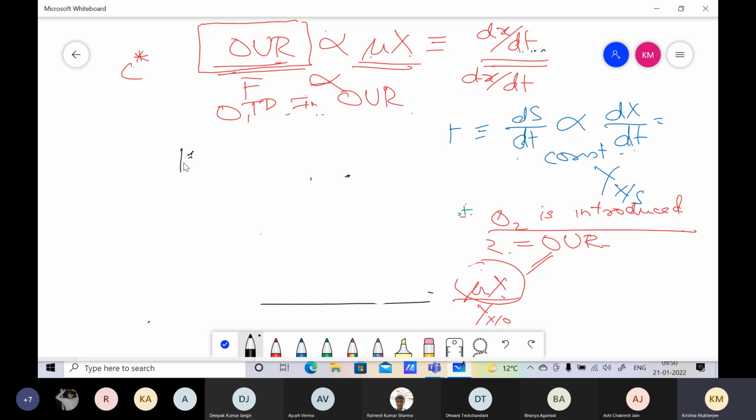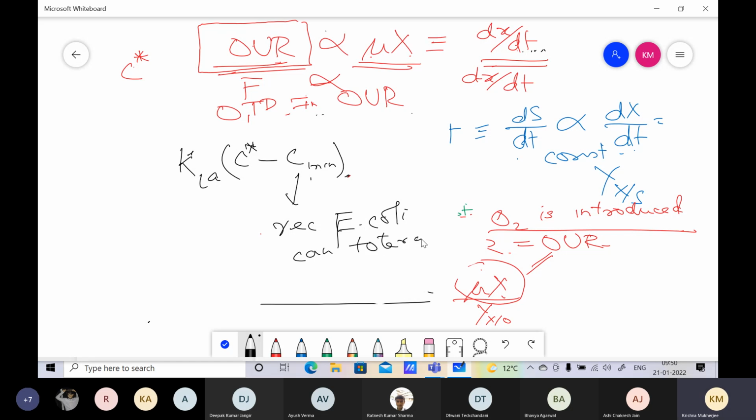So OTR is KLA (C star minus C), and this C is C minimum, some value that your recombinant E. coli strain can tolerate, because you have to design, these are all, as I said, part of more complicated.